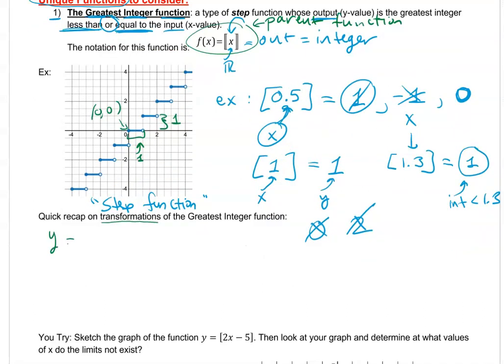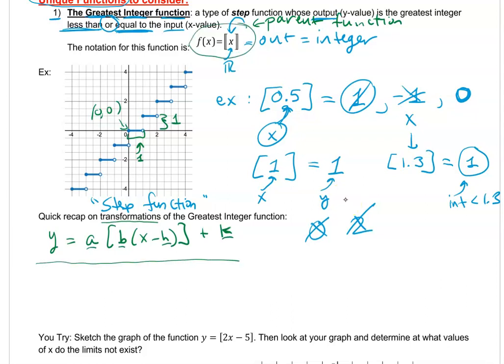So let's consider this version of the function. Some might refer to this as HK form or something like that. So we've got these 4 numerical values, right? These are the ways in which we can create variations of this step function, by introducing these numerical values. Notice that b is being multiplied to the x inside the bracket. a is being multiplied to the greatest integer because it's outside the bracket.